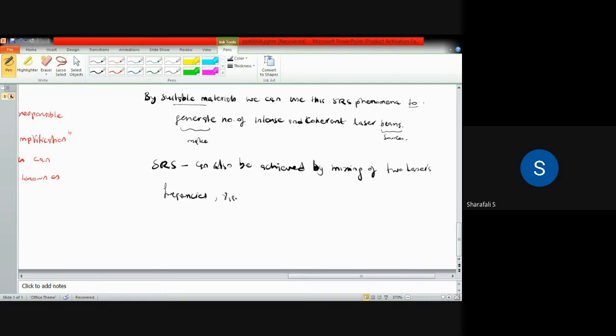Let's say mu1 and mu2. So this is also possible, and in this case, mu1 should be greater than mu2. You can take it in a conventional manner that mu1 is greater than mu2, and so mu2 stimulates the scattering.